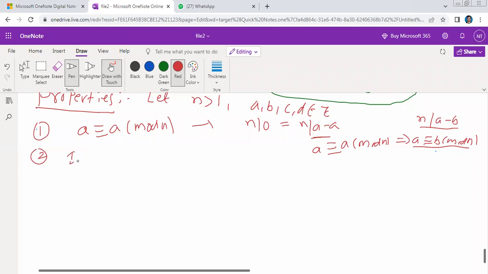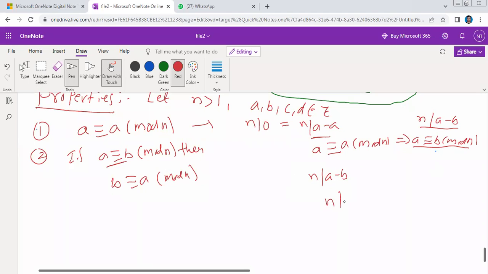తర్వాత if A congruent to B modulo n అయింది అనుకోండి, ఆటోమేటికల్ గా if A congruent to B modulo n, then B congruent to A modulo n. దీన్ని కూడా ప్రూఫ్ చేయడం సింపుల్. n divides A minus B. ఇది n divides minus of A minus B అని రాయవచ్చు, correct?